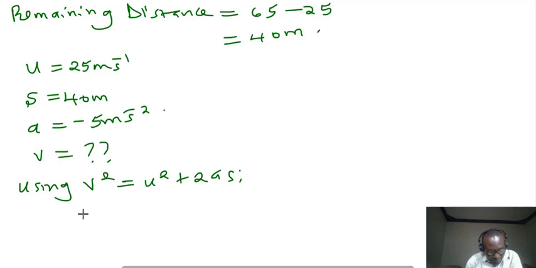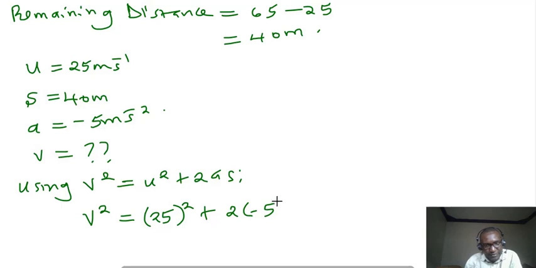We substitute, we have v squared being equal to, our u is 25 squared plus 2 times our acceleration, which is negative 5, times the distance which it has to travel, 40 meters. So when you simplify this, v squared is equal to 625 minus, this is 10 times 40, 400.